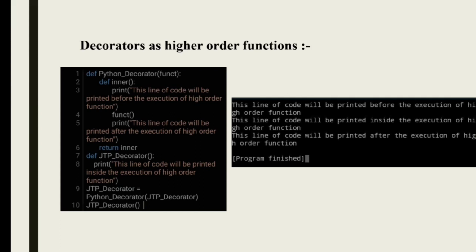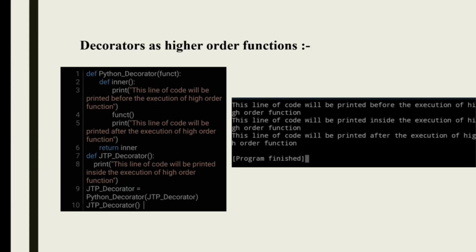Decorators as higher order functions. def python underscore decorator of function, def inner, print this line of code will be printed before the execution of higher order function. Function, print this line of code will be printed after the execution of higher order function. Return inner, def JTP underscore decorator. Print this line of code will be printed inside the execution of higher order function.